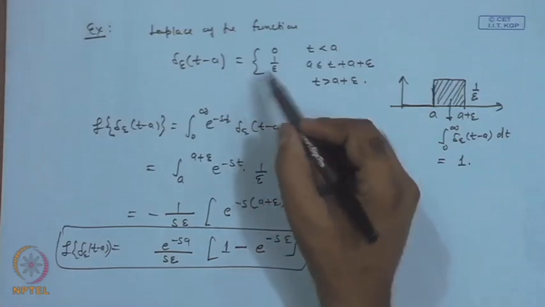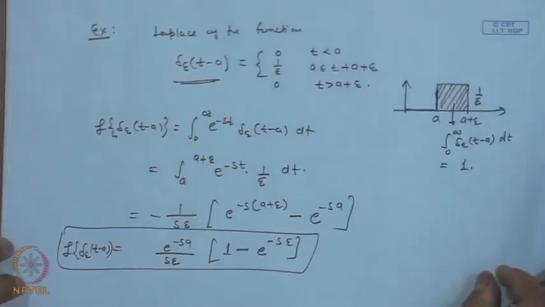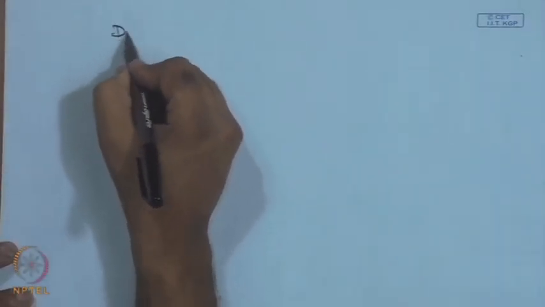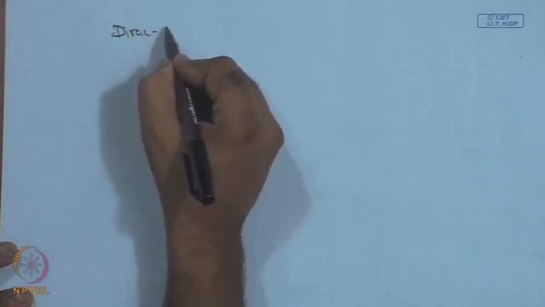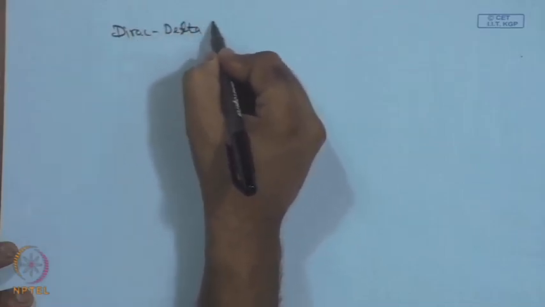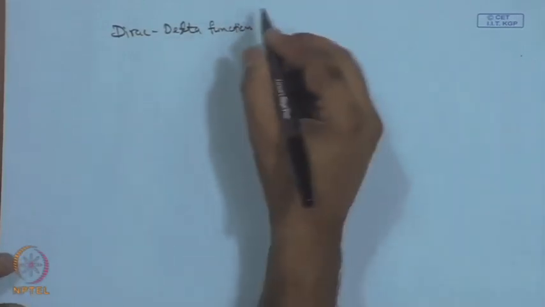And we have defined this delta epsilon function to go to the Dirac delta function, which has lots of applications in physics, or unit impulse function. So, the Dirac delta function, or it is also called the unit impulse function.